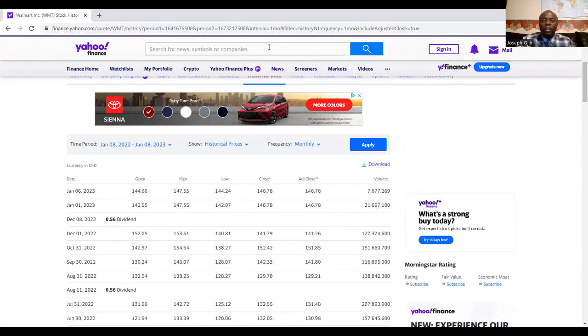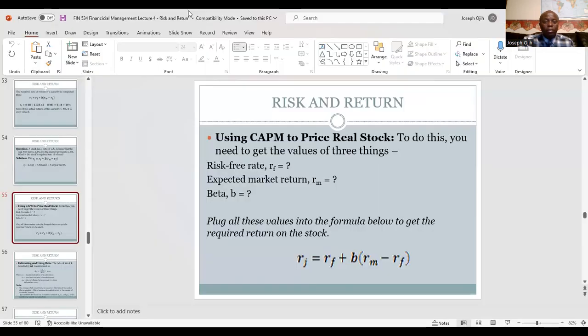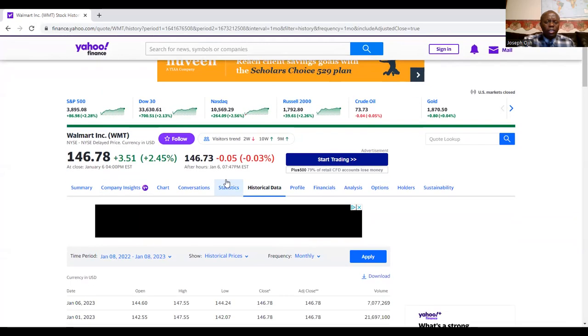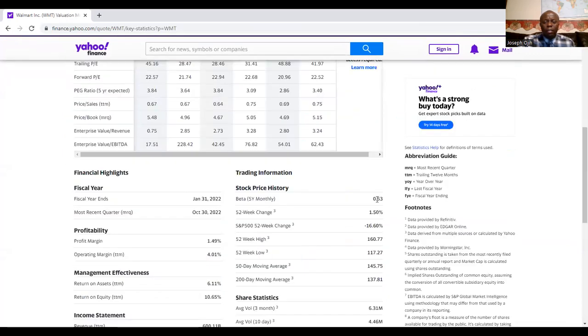Okay, sorry, my mistake. I don't need the return on Walmart. For Walmart, what we need is the beta, not the return. I can just use the beta. So all you gotta do is to open up Walmart, click on statistics, and you can see the beta right here.